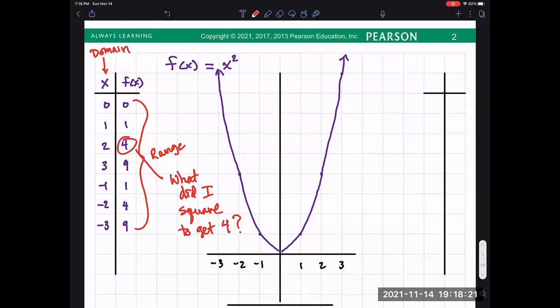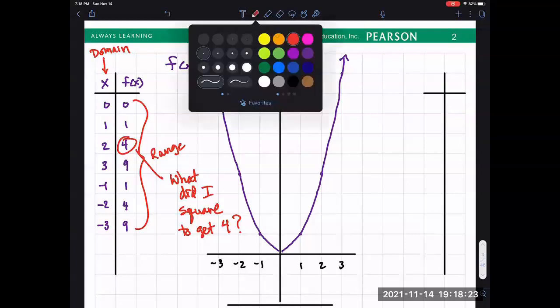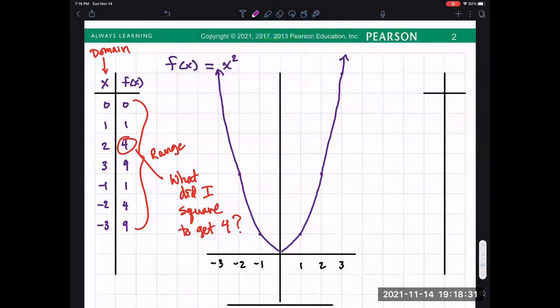And so you may recall that the inverse of squaring ideally is square rooting. And so the square root of x function is supposed to help us determine what we squared in the first place to get that number.